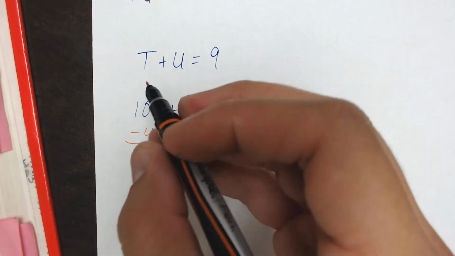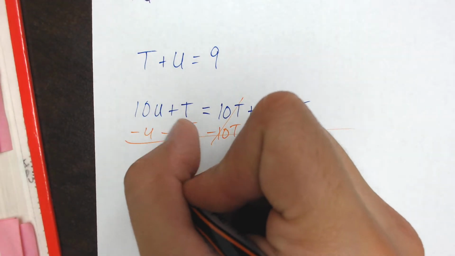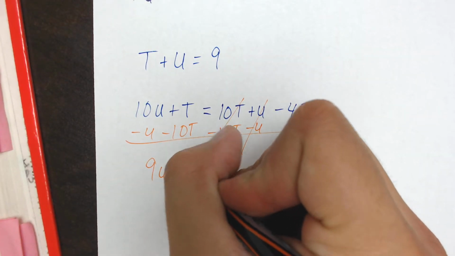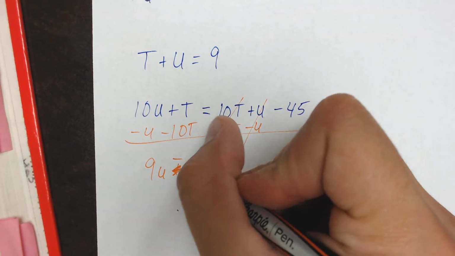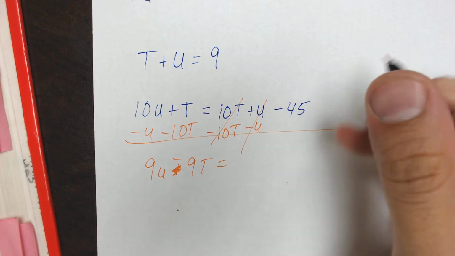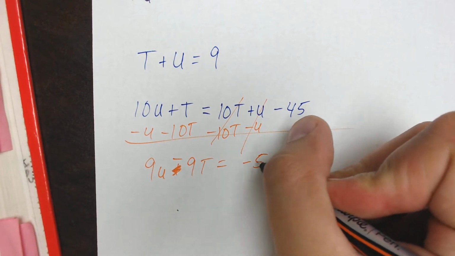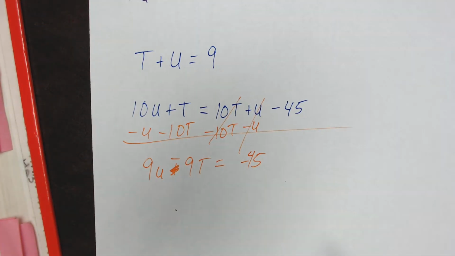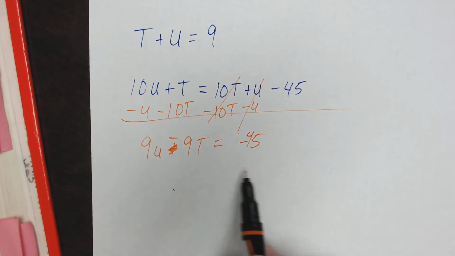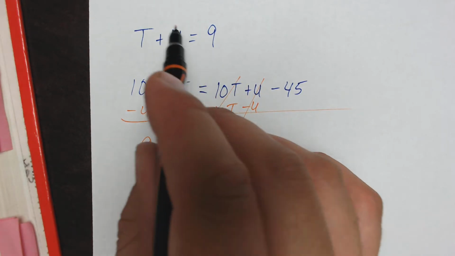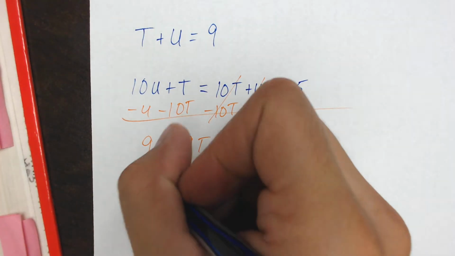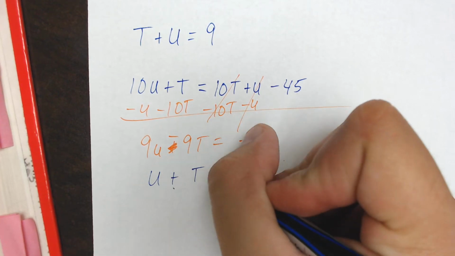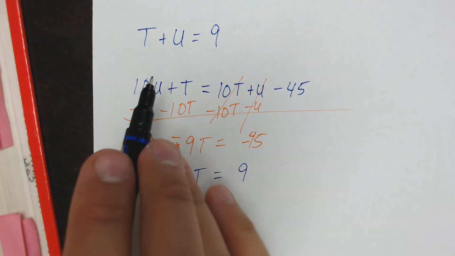That cancels as well, so 10u minus u gives me 9u, oh whoops, not plus, minus 9t equals negative 45. All right, so that's my second equation, and then I've got my first equation down here, which I can bring down here, which is u plus t equals 9.